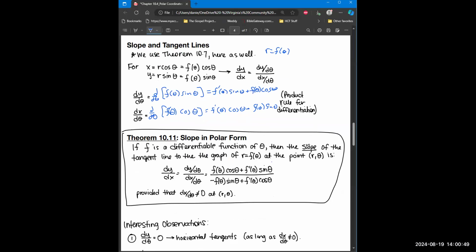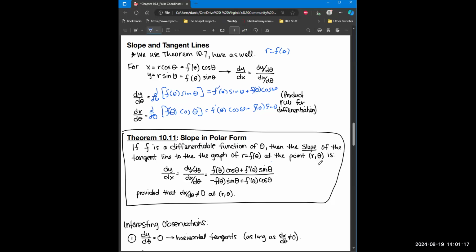There's the chain rule again, and we just figured out dy d theta is f of theta cosine theta plus f prime theta sine theta, and dx d theta is negative f of theta sine theta plus f prime of theta cosine theta. We need to make sure that dx d theta is not equal to 0 at (r, theta), or we have a problem because we're not allowed to divide by 0.